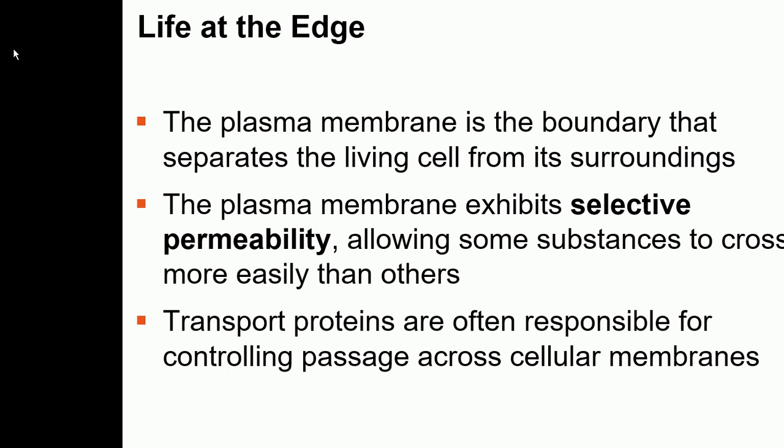So few things can cross the membrane easily, and some of the things cannot cross the membrane very easily. There are some transport proteins in the membrane which help in the crossing of some of the molecules and some of the solutes, and especially the ions. So we are going to talk about all these things. The plasma membrane is called selectively permeable, or it is called semi-permeable membrane.